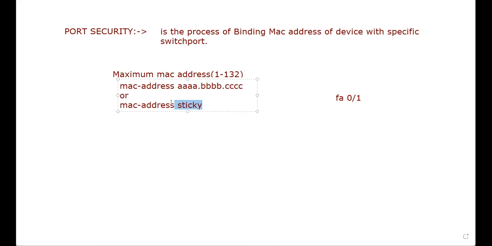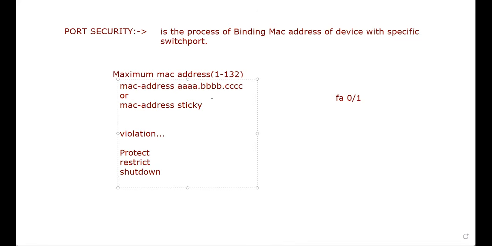Sticky means automatically when the PC is connected to the switch, the MAC address of that PC will be bound. Okay, so it's up to you. You can use any command. And at last, you have to set the violation. If anybody wants to break the port security, what will be the violation? So we have three types of violation: protect, restrict, and shutdown.